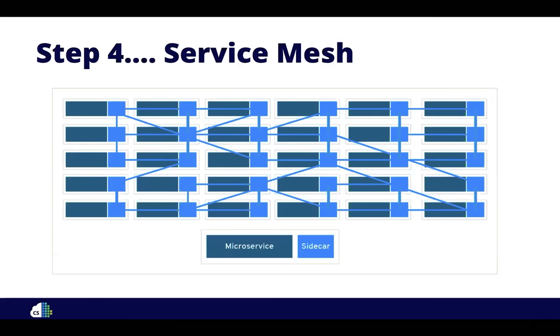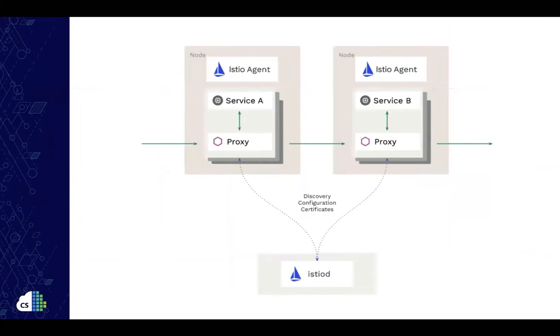But how it works is like this. So we have our microservices, our application, which here is service A, service B. And for each microservice, ServiceMesh will deploy a sidecar container. That's the case for most of the service meshes.